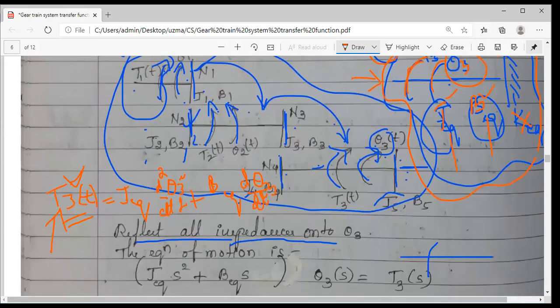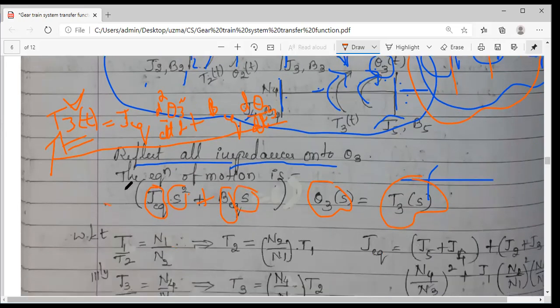Now for this torque equation, I will apply the Laplace transform. So what is the Laplace transform of T3 of t? It is T3 of S is equal to J equivalent as it is, two times differentiation, take S square into theta 3 of S, theta 3 of S I have taken common, plus B equivalent as it is, one time differentiation, multiplied by S. So this is your equation directly.